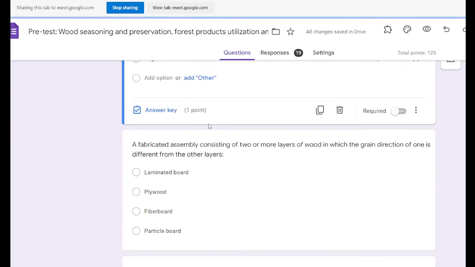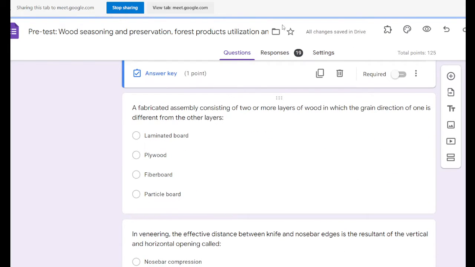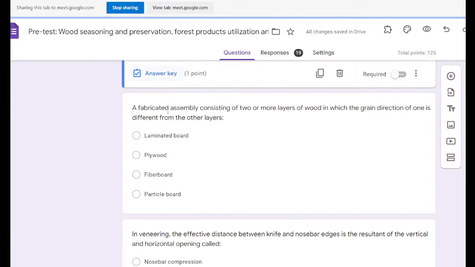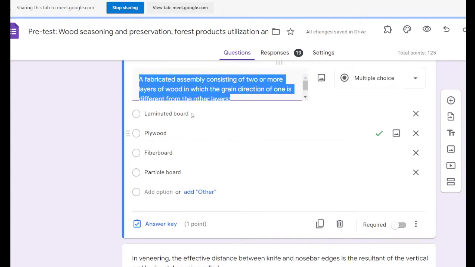Okay? Next, a fabricated assembly consisting of 2 or more layers of wood in which the grain direction of one is different from the other layer. Plywood, sir. Yeah, that's correct. Plywood. Okay?